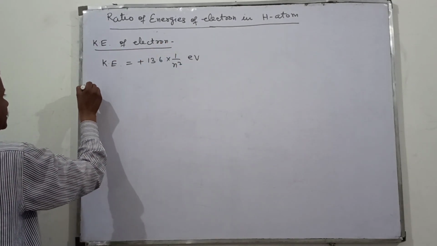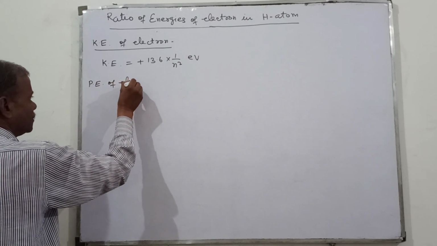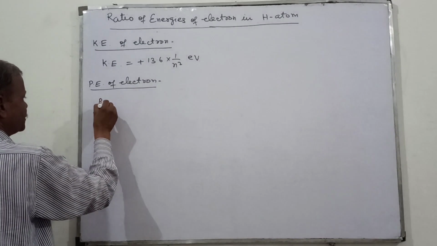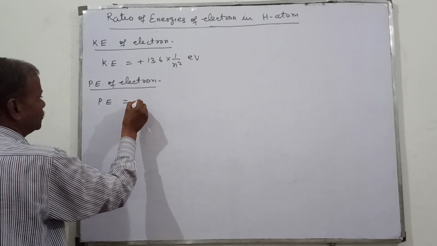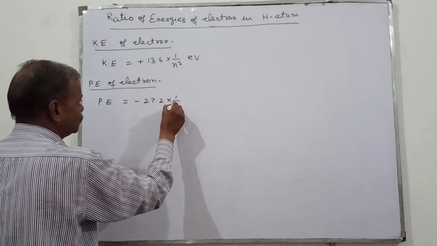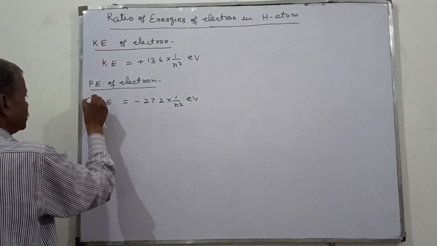The potential energy of the electron is equal to minus 27.2 into 1 upon n square electron volt.